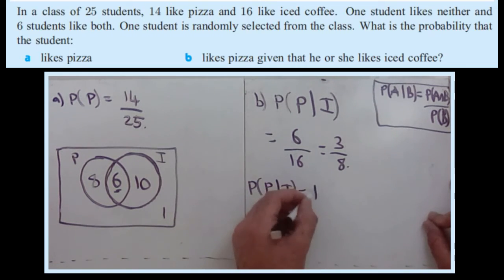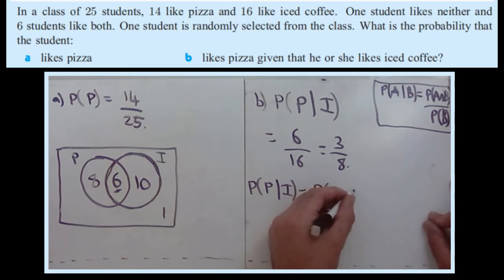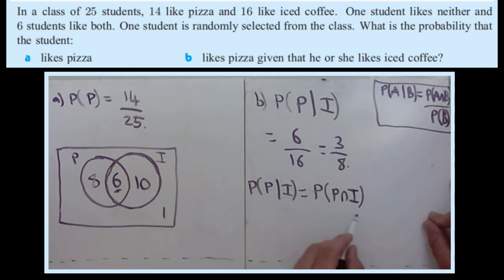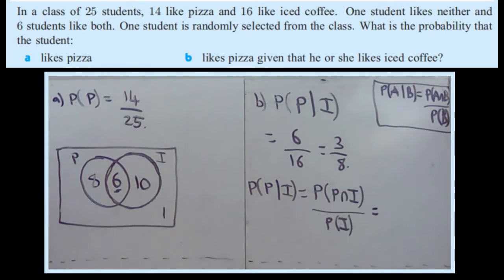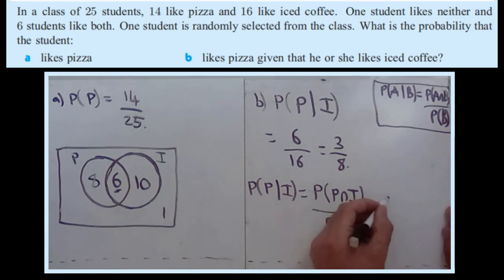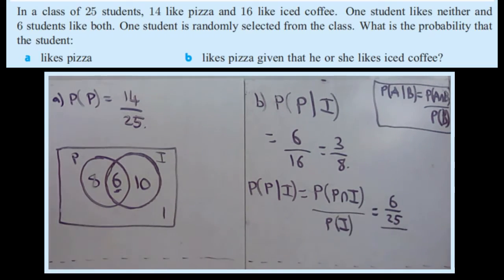So in our case, the probability of them liking pizza given that they like iced coffee equals the probability of both, so that would be pizza and iced coffee, over the probability of the given one, as in iced coffee. The probability of them liking pizza and iced coffee is 6 over 25. So it's 6 over 25 over the probability of them liking iced coffee, which is 16 over 25.